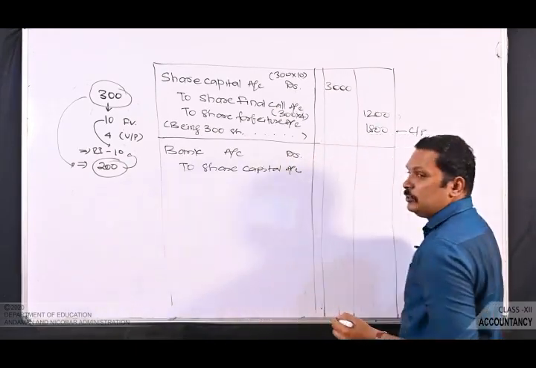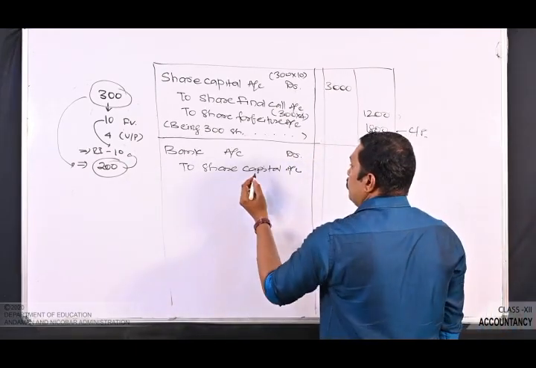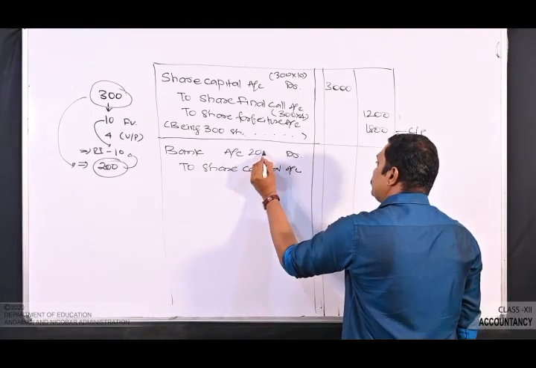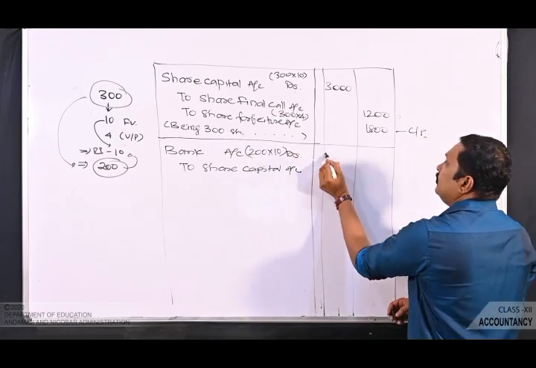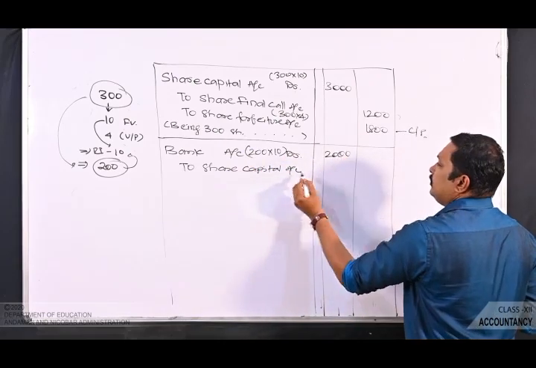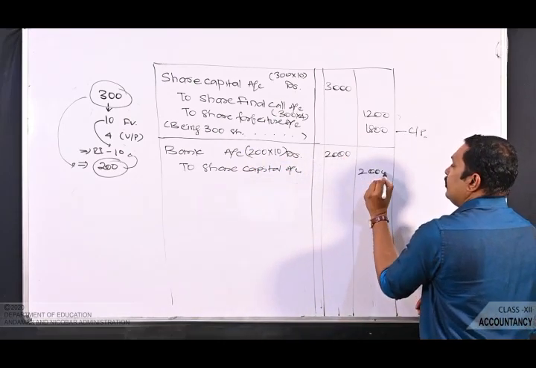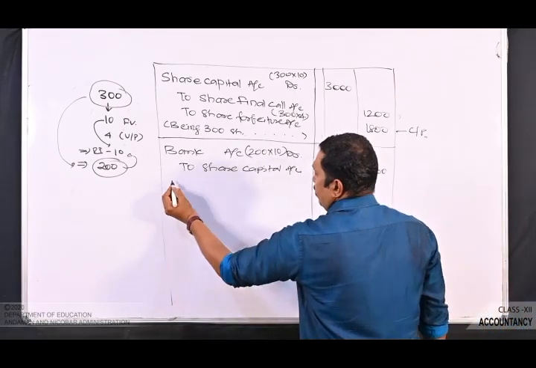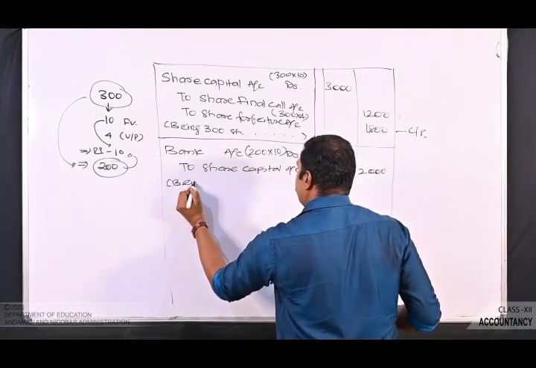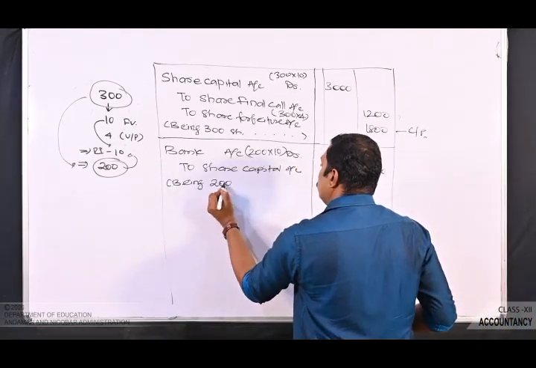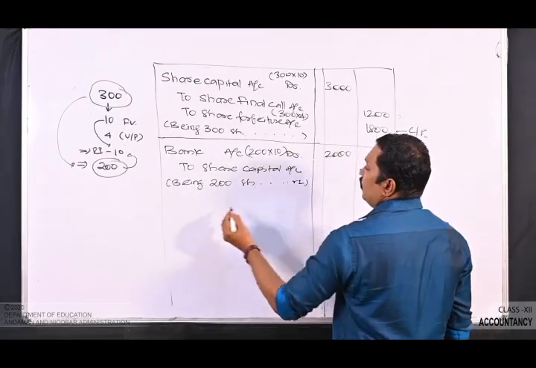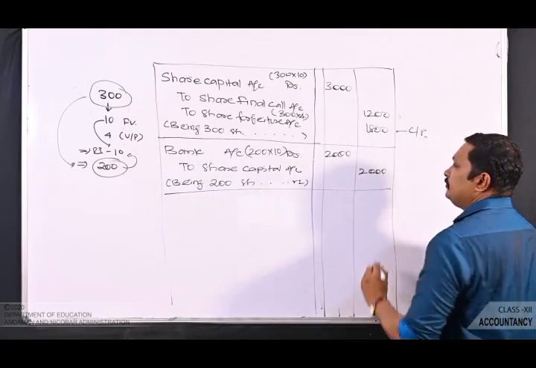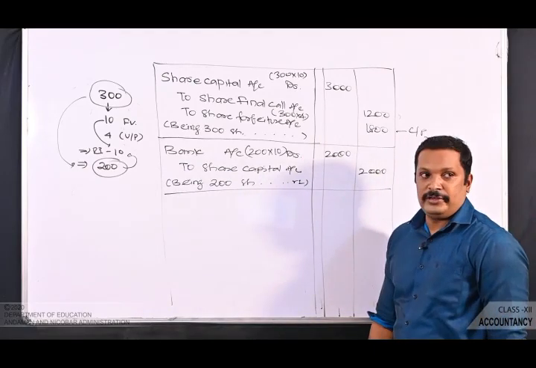So no loss, no benefit. So 200 into, how many shares are reissued? 200 only, no? So 200 into 10, 2000, and here also 2000, being 200 shares were reissued for rupees 10 each. This is the second entry.